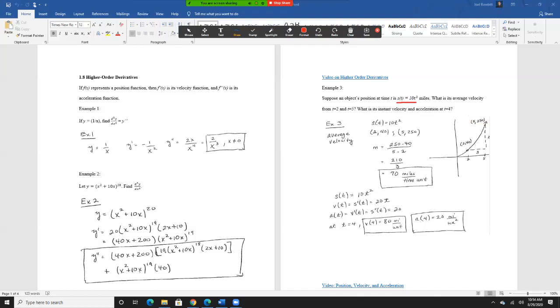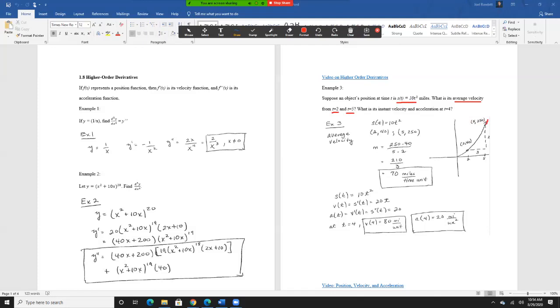But they want to know, what is the average velocity between 2 seconds, let's say, and 5 seconds? Well, the average velocity is just the slope of the line at these points here, between 2 and 5. I'm going to try to draw a straight line here.